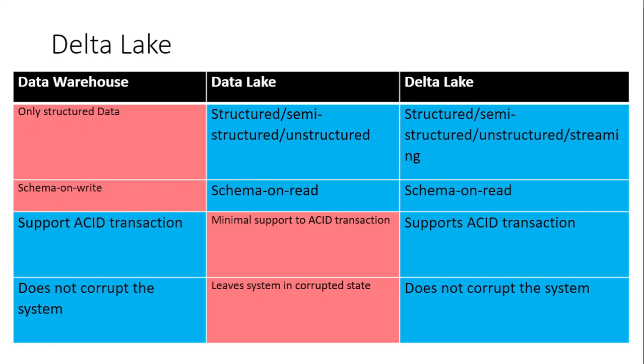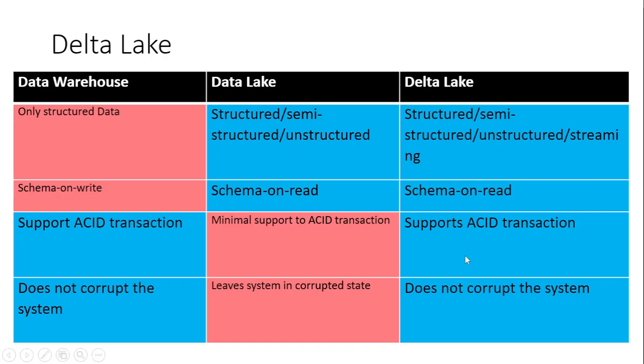Many are still confused about where the lakehouse is. The lakehouse is in your data lake only, but if you get a Delta file, that becomes a lakehouse. It can handle structured, semi-structured, unstructured and streaming data, and it is obviously schema on read.